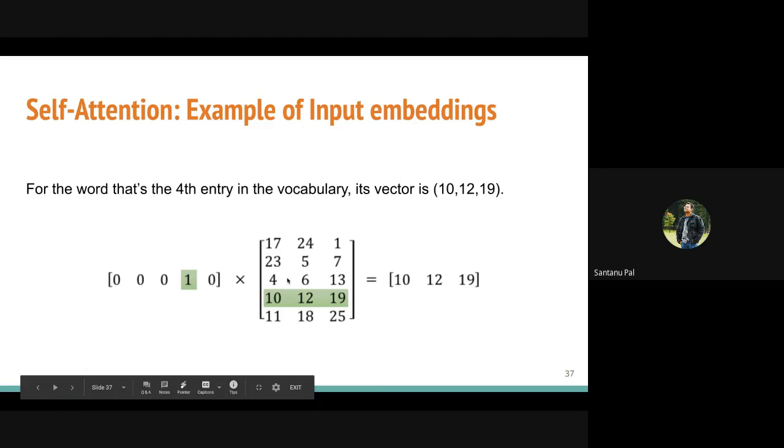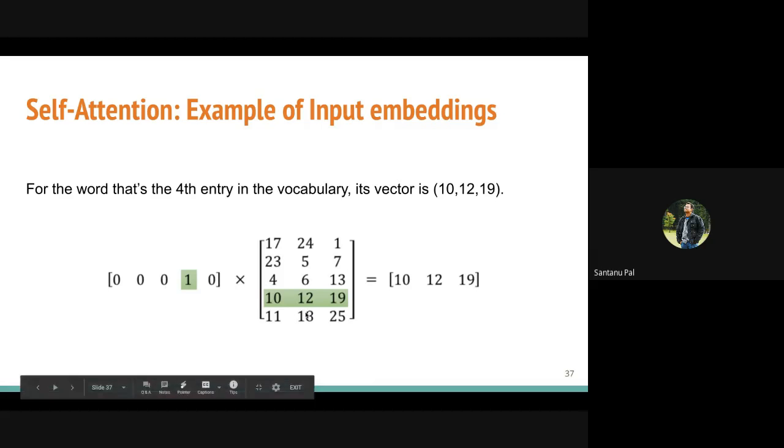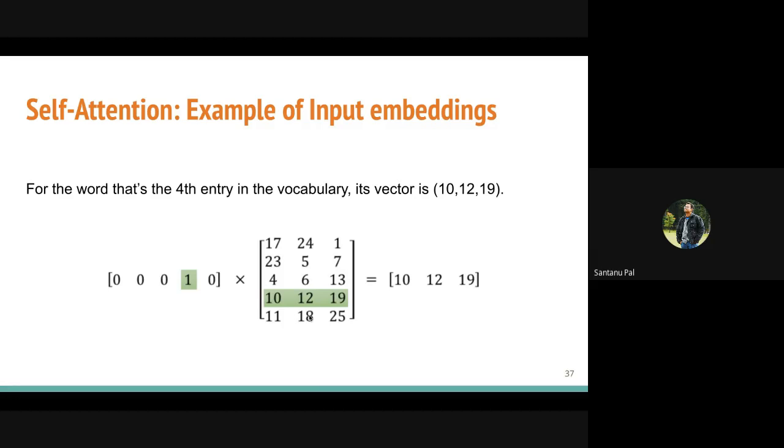and you then multiply it by an embedding matrix, which is trainable in that machine translation scenario. Or if it is a pre-trained embedding matrix, then you already have some values. But if it is not pre-trained, in that case it was initially randomly initialized.